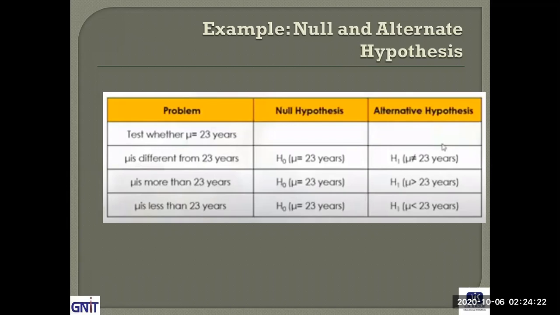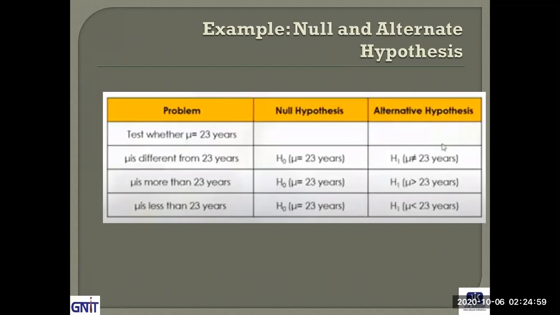So that's the null hypothesis, that is mu equals 23 years, and that is denoted by H0. An alternate hypothesis is just the reverse of null hypothesis. That means mu is not equal to 23 years. Mu is the mean or average of the age of students. Second, null hypothesis, mu is 23 years.